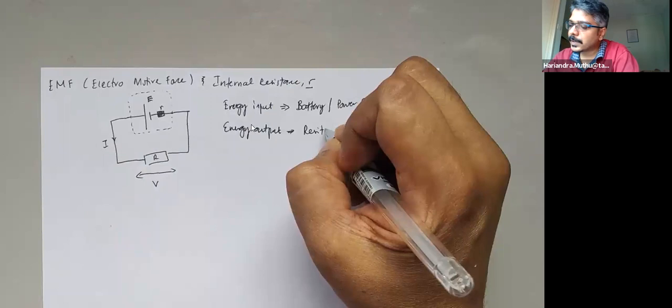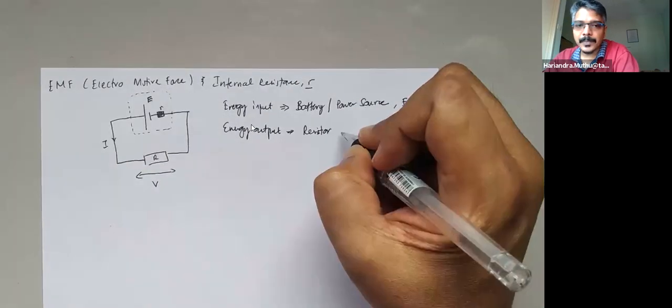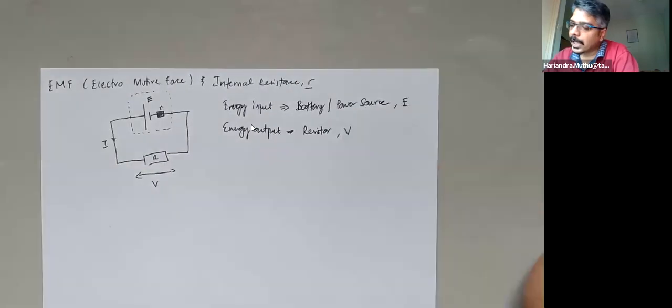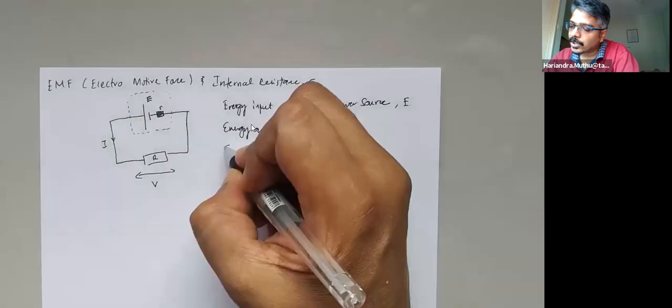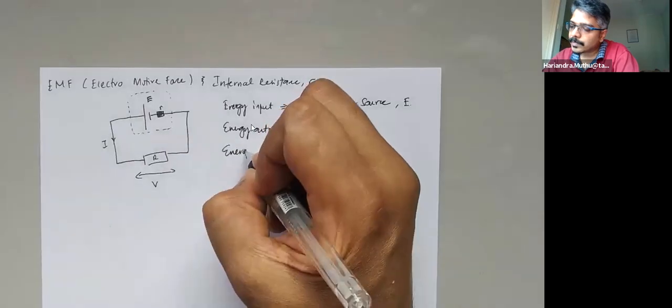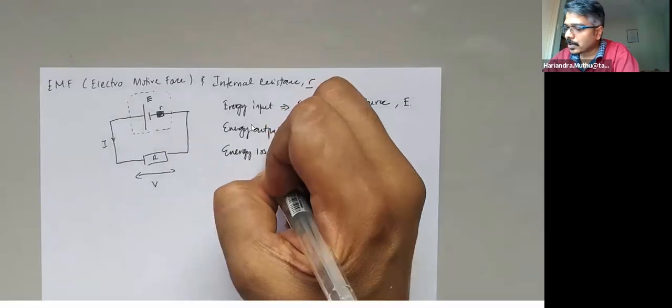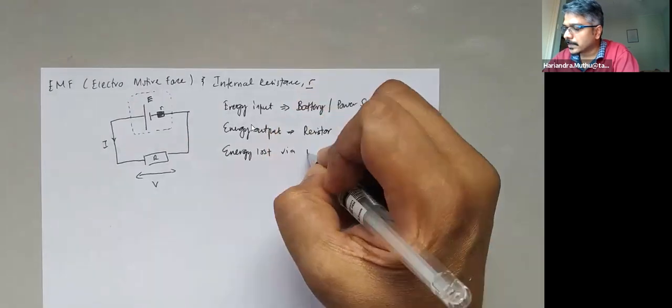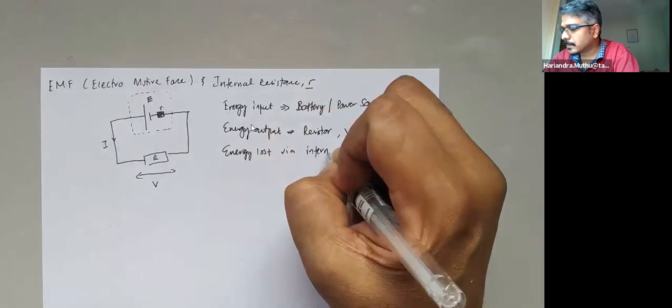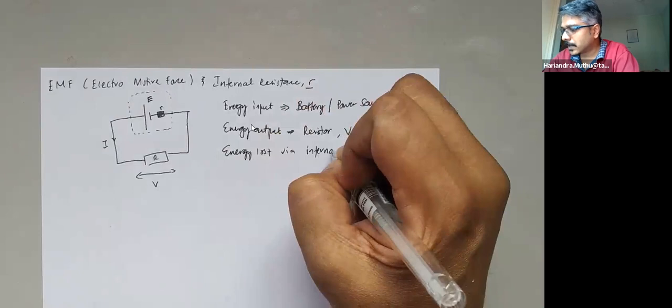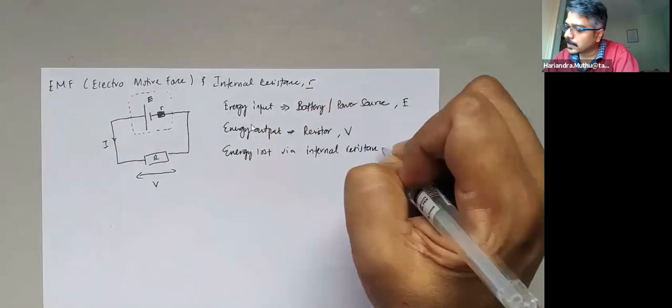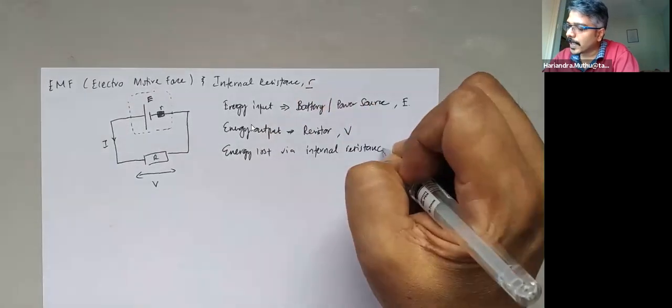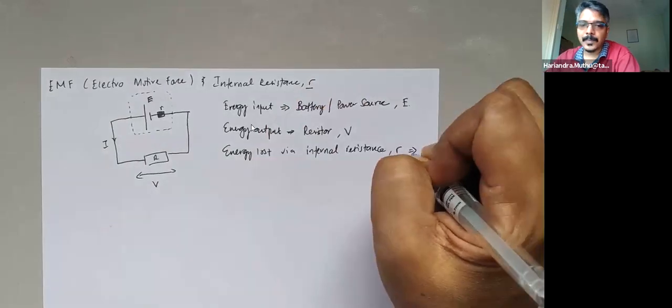That is V. And we also have energy lost through the internal resistance r. I'm going to put this as VL.